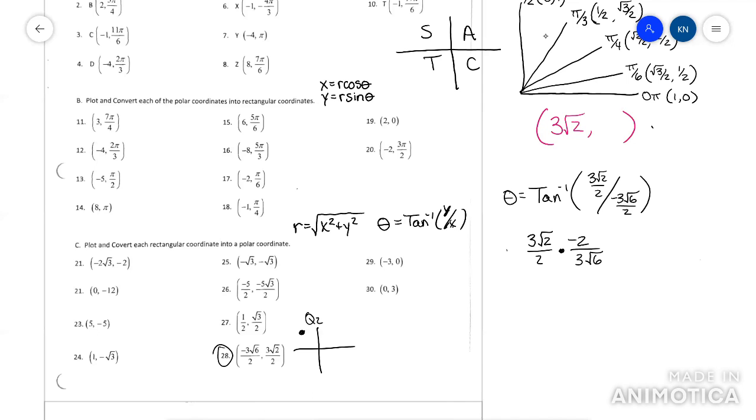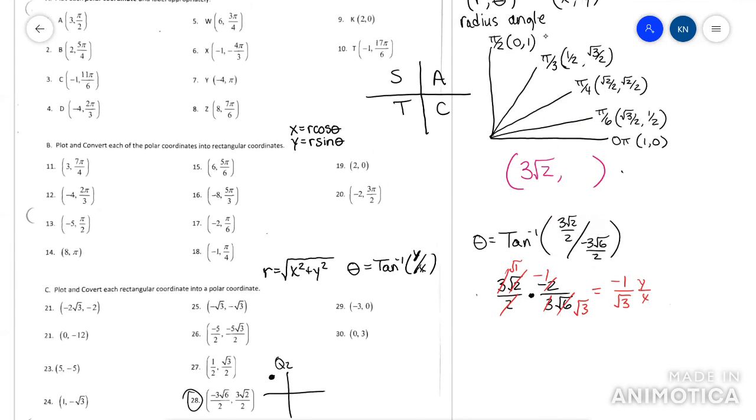All right, cancel the 2's, cancel the 3's. You can divide root over root, so you can call this bottom one root 3 and root 1, like that up top. So when it's all said and done, you get negative 1 over root 3. This is your y over your x. So you're looking for a reference angle where your numerator on your y is a 1, and the numerator on your x is a root 3.